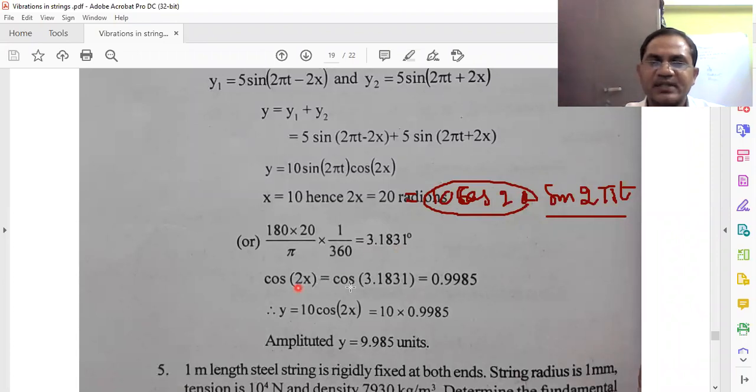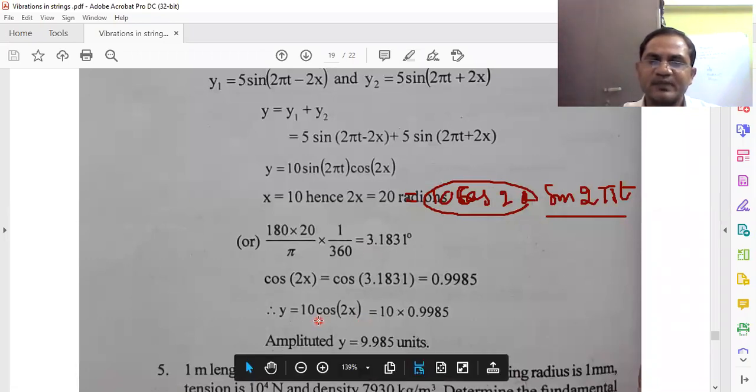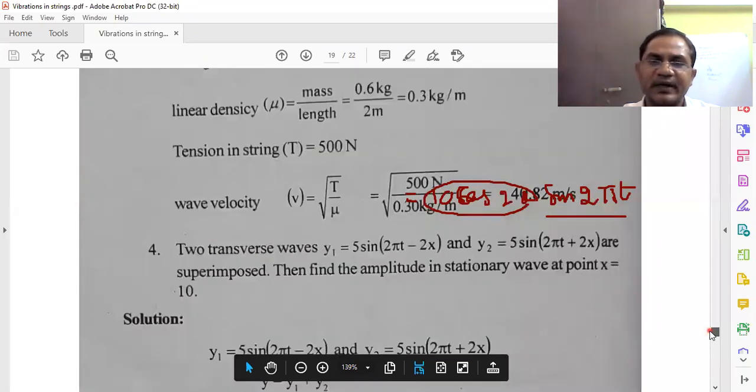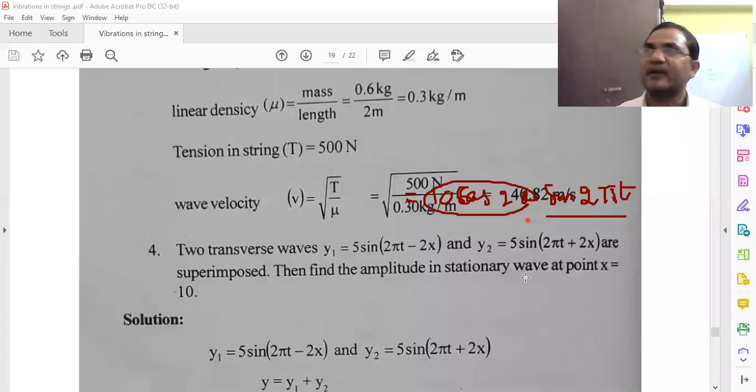Then cos 2x is cos of 3.1831 degrees, and cos 3.18 degrees has value 0.9985. Then the displacement amplitude 10 cos 2x is 10 into 0.9985, so that value is 9.985 units.